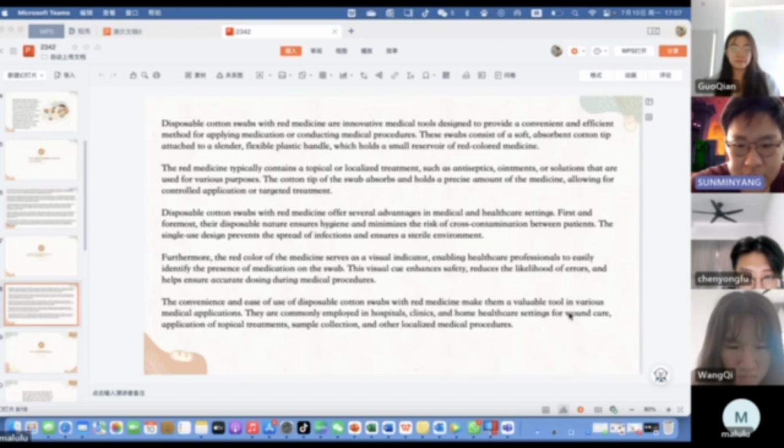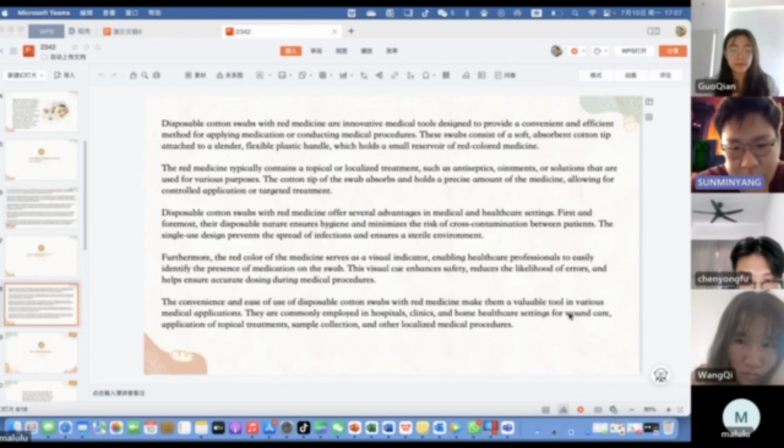This swab consists of a soft, absorbent cotton tip attached to a slender, flexible plastic handle which holds a small reservoir of red-colored medicine. The red-colored medicine typically contains a topical or localized treatment such as antiseptics, ointments, or solutions that are used for various purposes.